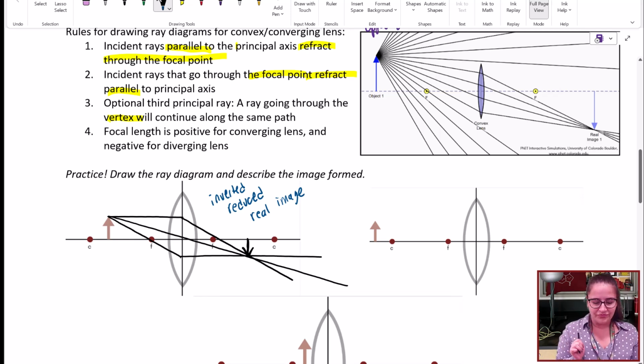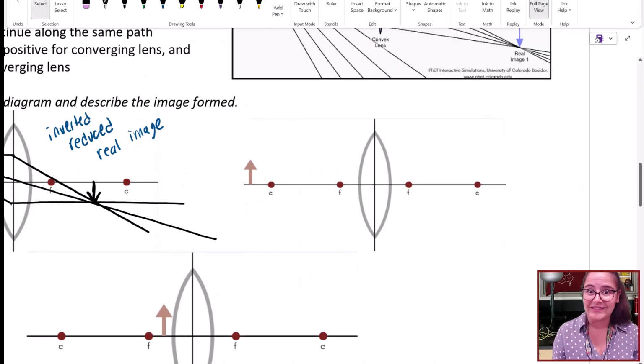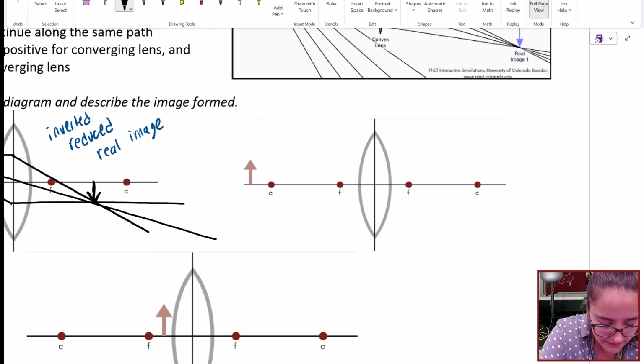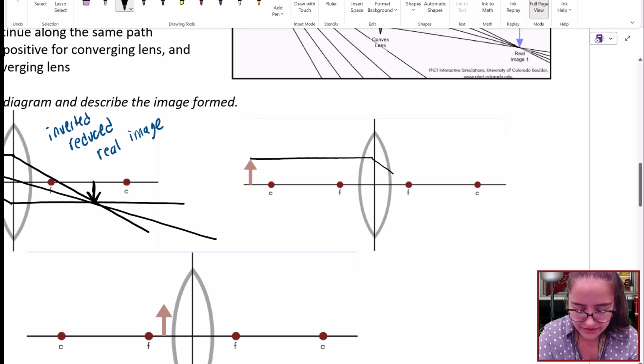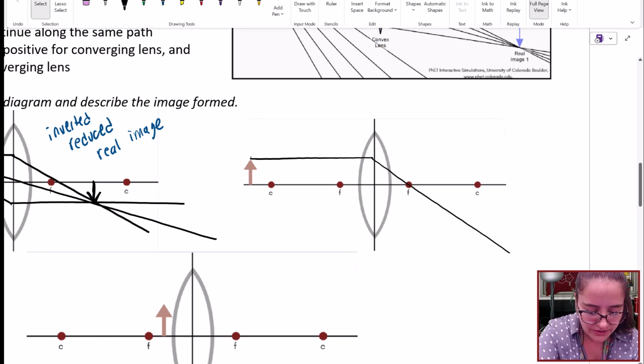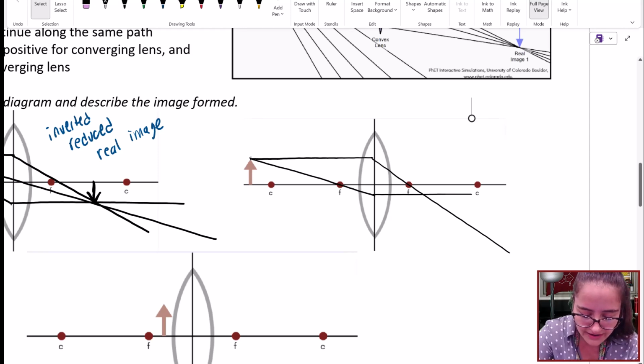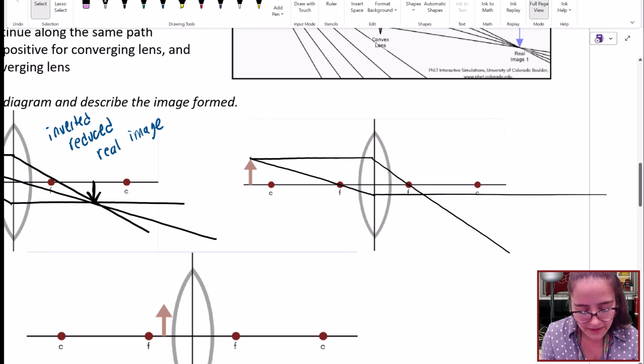Okay. Let's go ahead and try the next one. We start with the parallel ray, and it refracts through that focal point. And we draw one that goes through the focal point and refracts parallel. Okay.